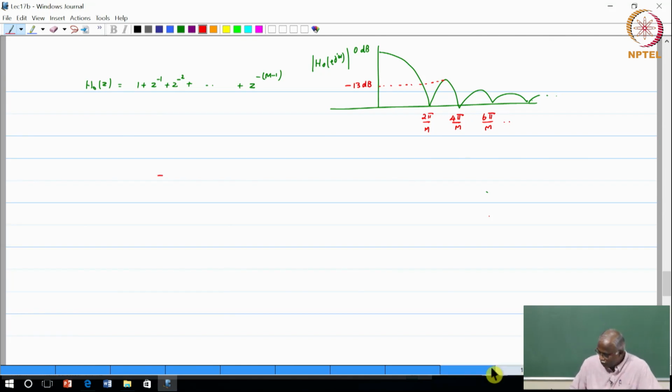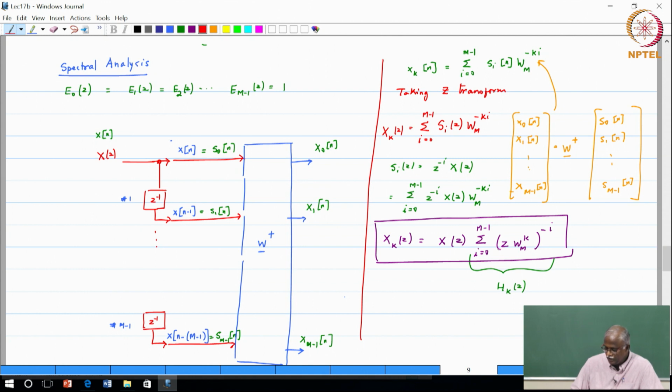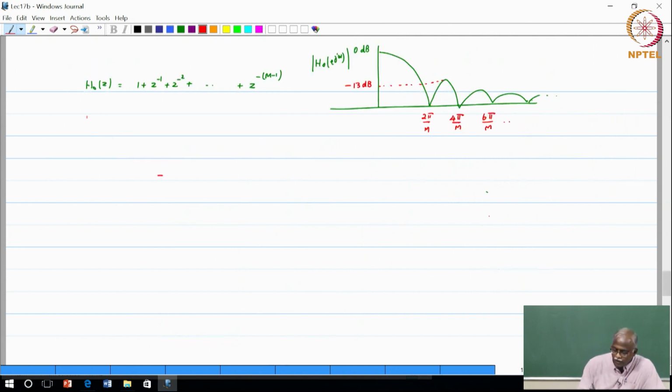Now if you go back and look at our expression, what is h1? h1 of z will be h naught of z w. If you go back and substitute, you can verify that the expressions are consistent, and in the general case hk of z is h naught of z w to the k.